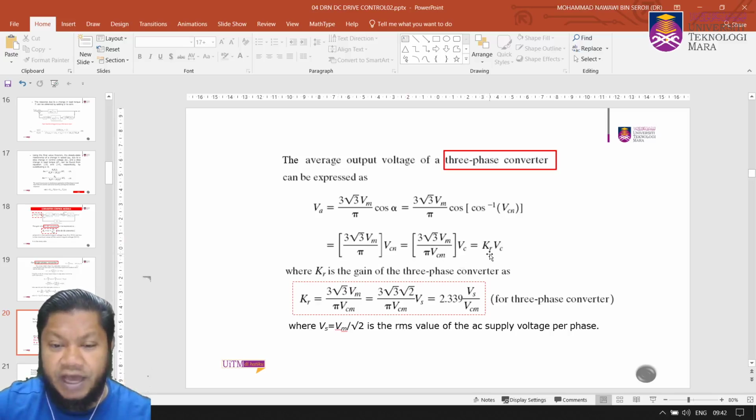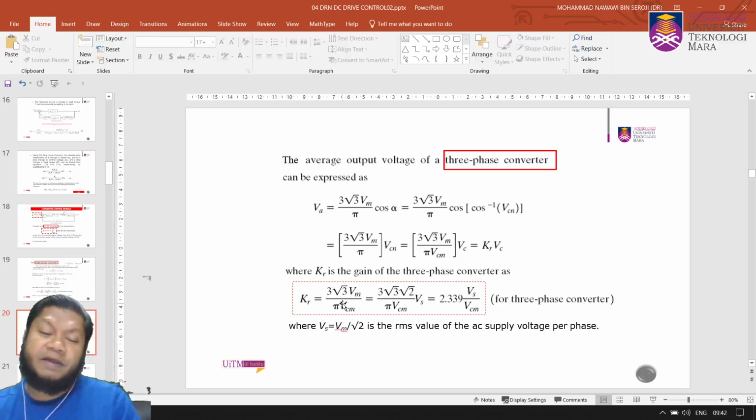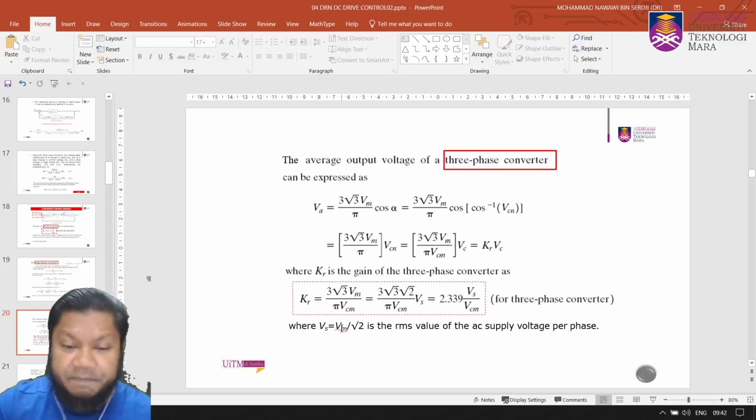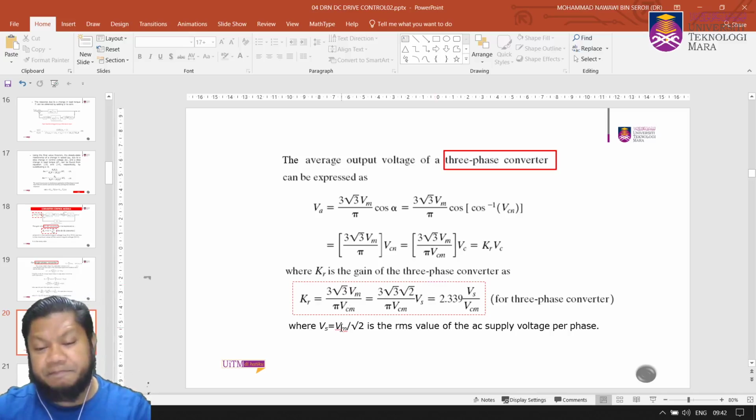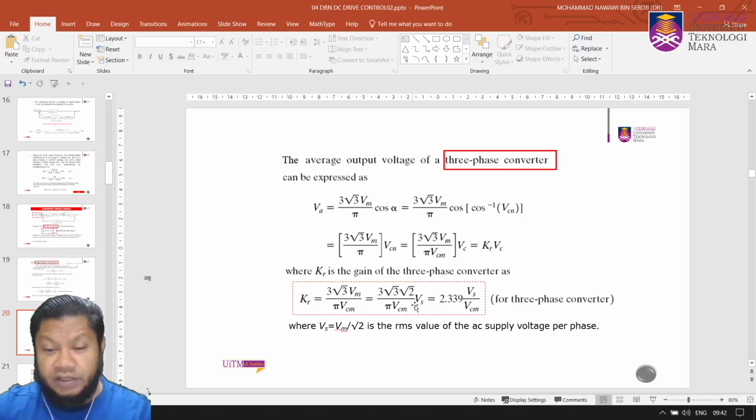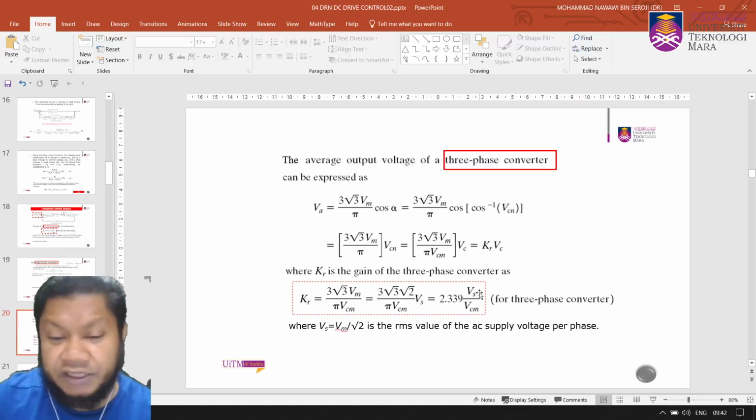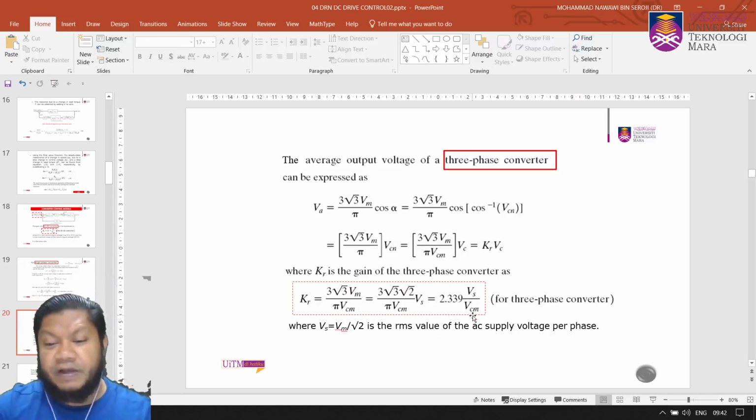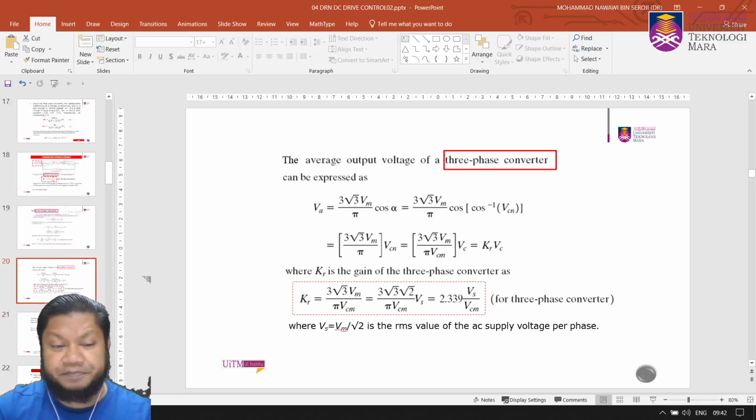So your KR here is the gain of the three-phase converter, and it is defined by 3 multiplied by root 3 Vm over pi VCM. And if you substitute that in terms of the supply phase voltage, where Vs is the per phase voltage, this is the phase voltage RMS divided by VCM, 2.339. And so that defines KR.